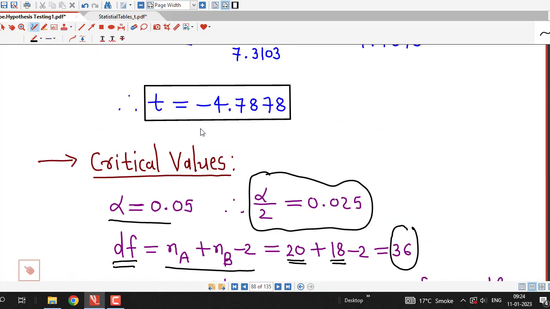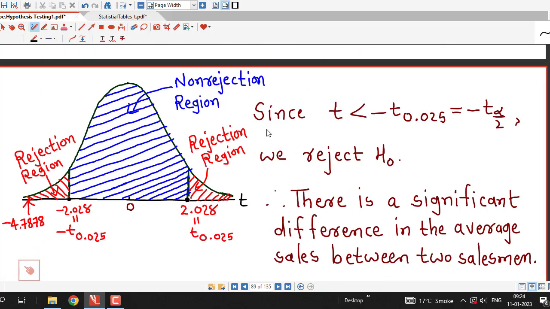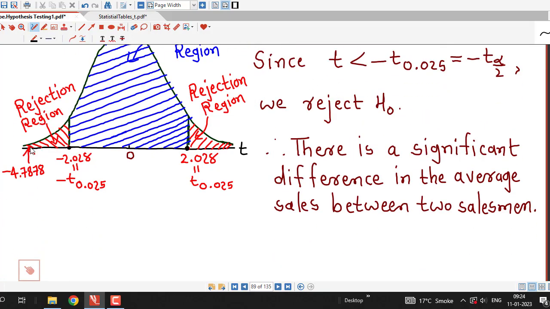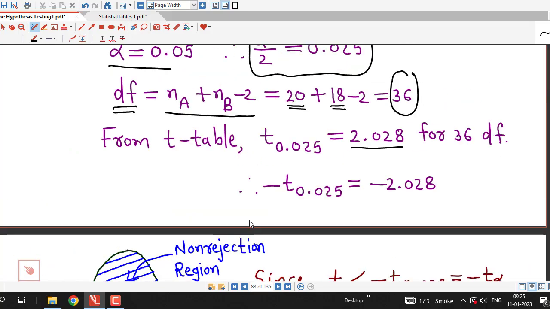Calculated value of T statistic is minus 4.7878, so it is in the rejection region. We can see that the value of T statistic is less than minus T 0.025. So because we are in the rejection region, we reject the null hypothesis. That means there is a significant difference in the average sales between two salesmen.